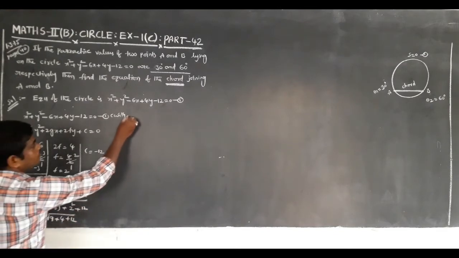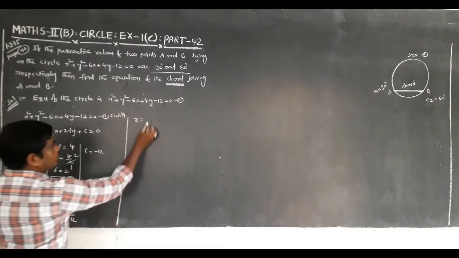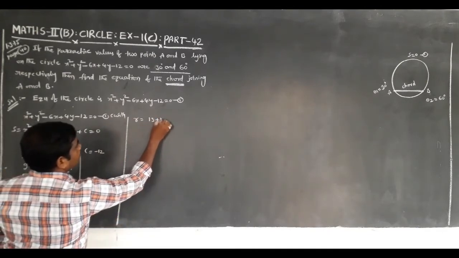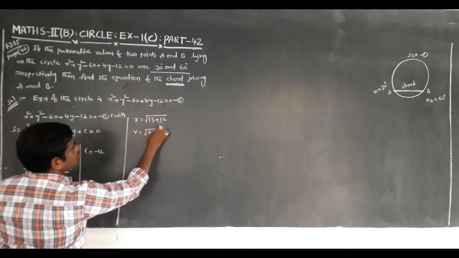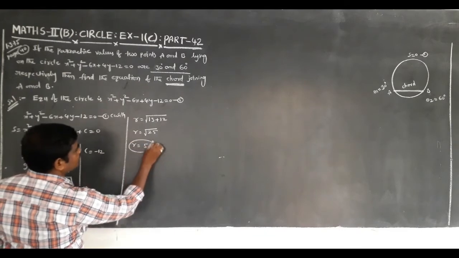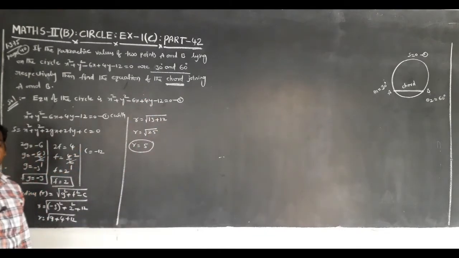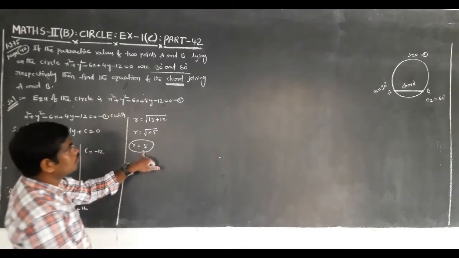R is equal to root of 13 plus 12, 25. R is equal to 5. The radius of the circle is equal to 5.